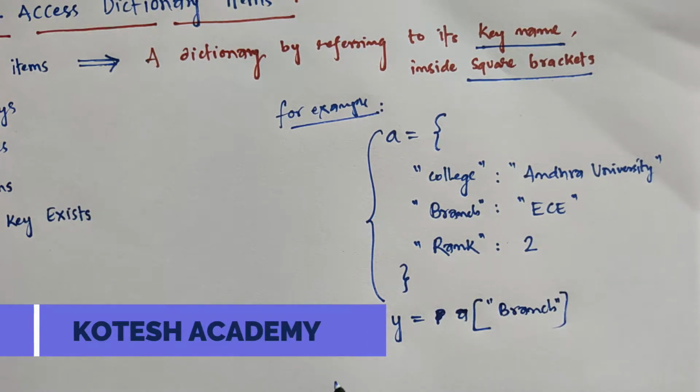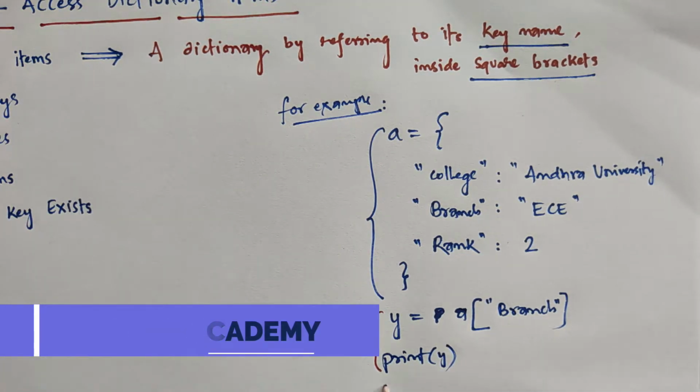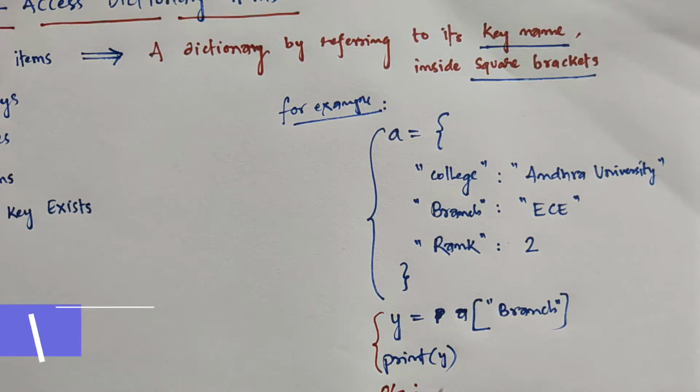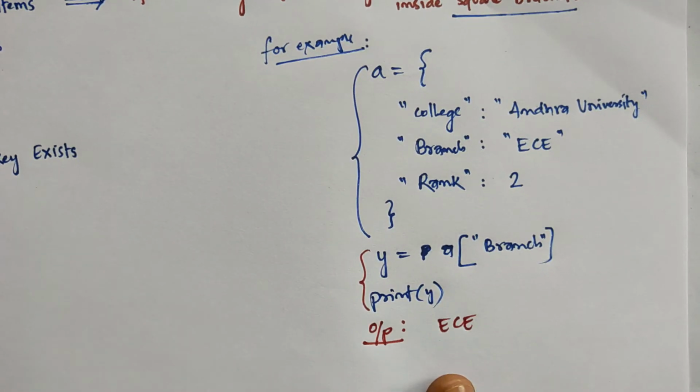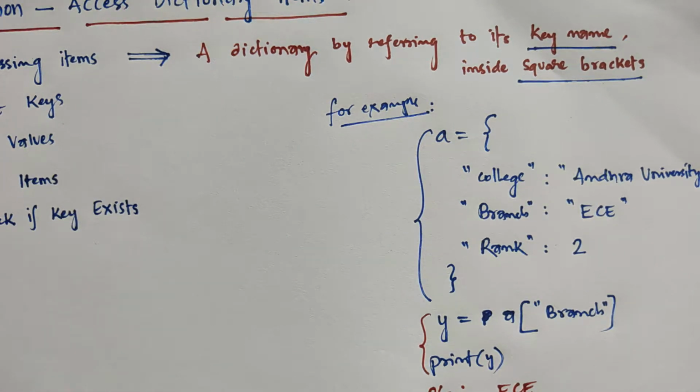This is the actual concept. After that, if you write print y, you will get the result ECE, which is the actual branch. So this is the actual access concept here.